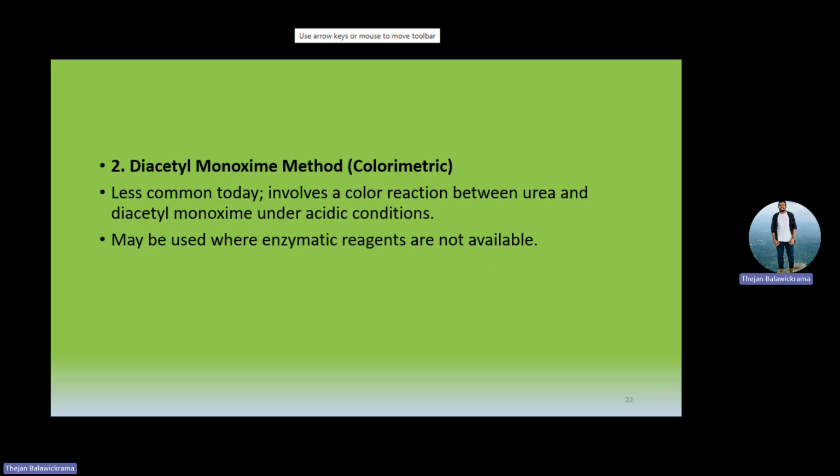Urea in the blood and diacetyl monoxide. For us to do this test, remember the medium has to be acid. This is happening in acidic medium. Okay. So why are we doing this? In case, let's say, urease and those enzymes are not available, under such a situation, we can do this test also.